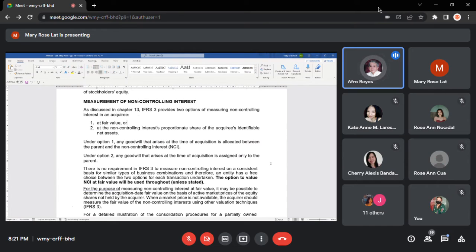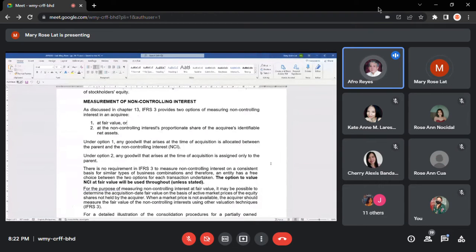Pwede pa naman palinawin yan ng author, no? Kasi yung number 2, base rin naman yun sa fair market value. Yung number 1, mas malinaw kung sinabi ng author, the fair value of the ordinary shares of the acquiree.